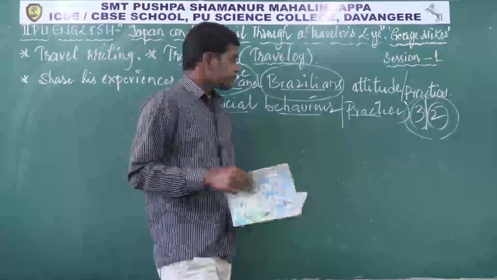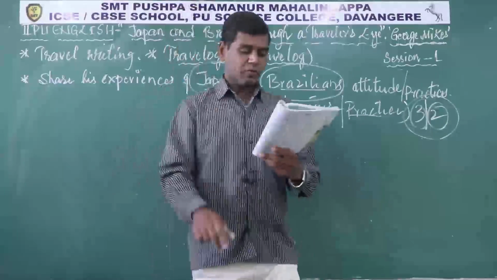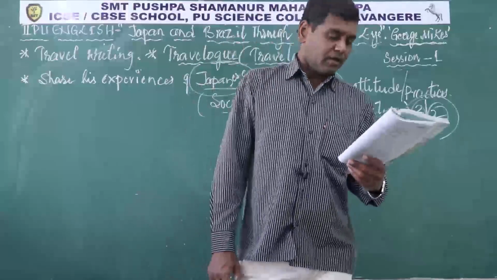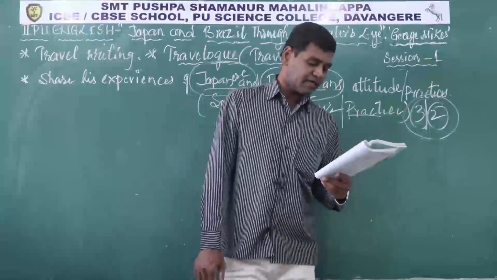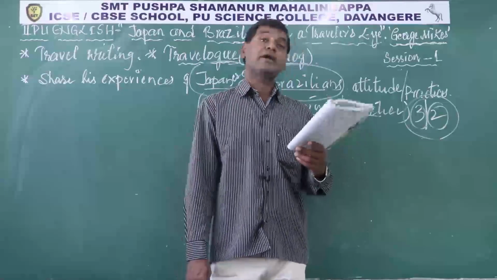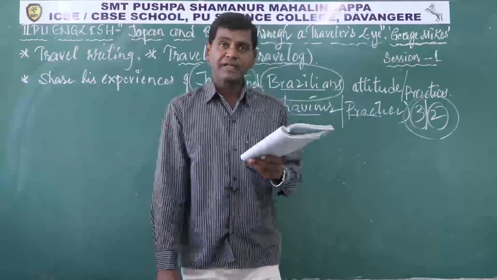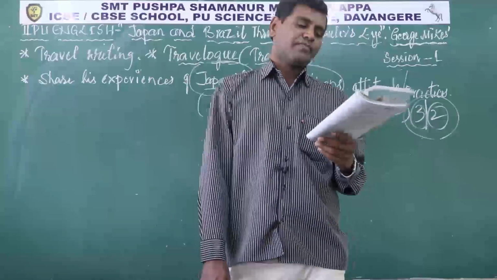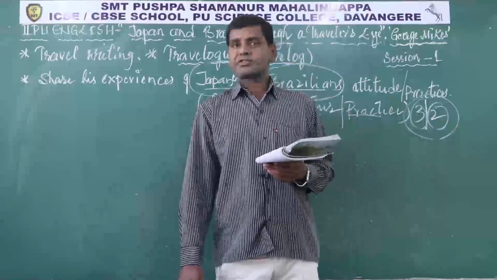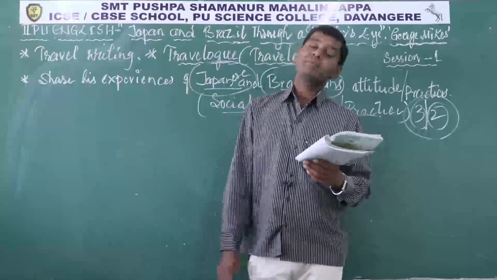Now we'll begin with the author here. Open page number 100, my dear students. Look at the information about George Mikes. You can pronounce as you feel, Mikesh or George Mikes. George Mikes was born in the year 1912 and is a very famous artist, author, publisher, illustrator and journalist from Hungary.